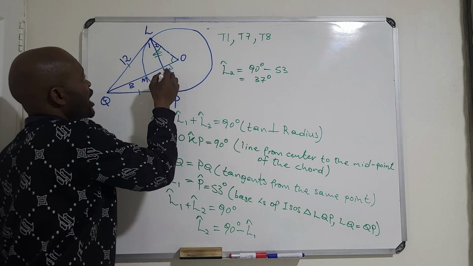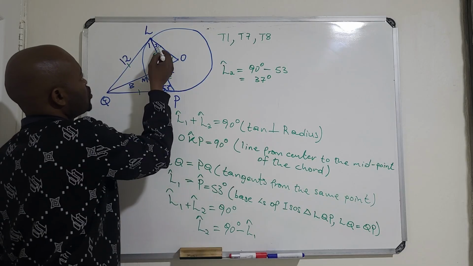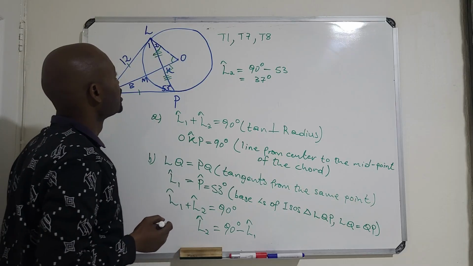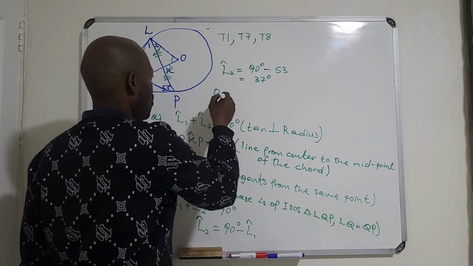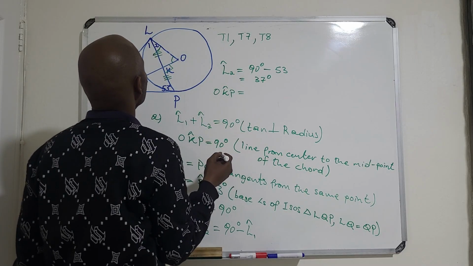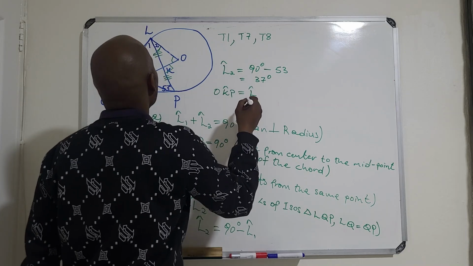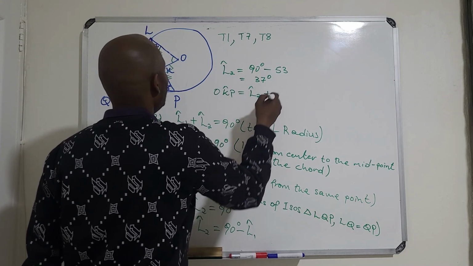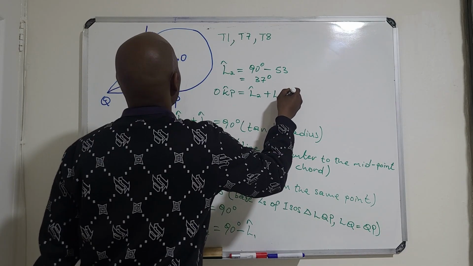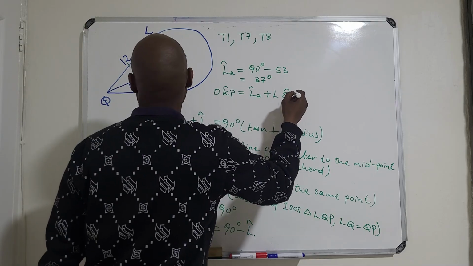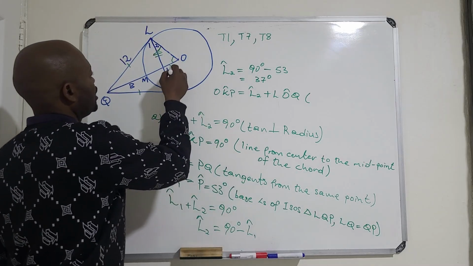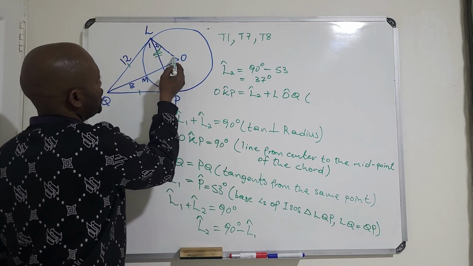We know the exterior angle of a triangle is equal to the sum of the opposite interior angles. Therefore, angle OKP is equal to angle L2 plus angle LOQ. Now, reason: this angle is equal to this angle plus that angle.